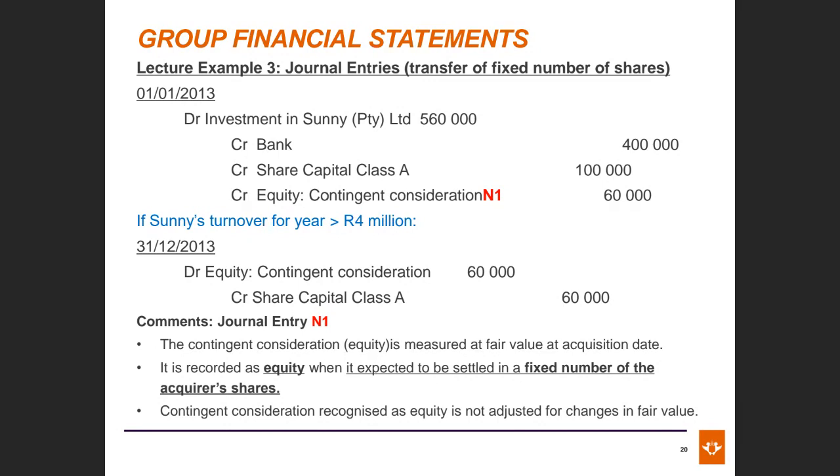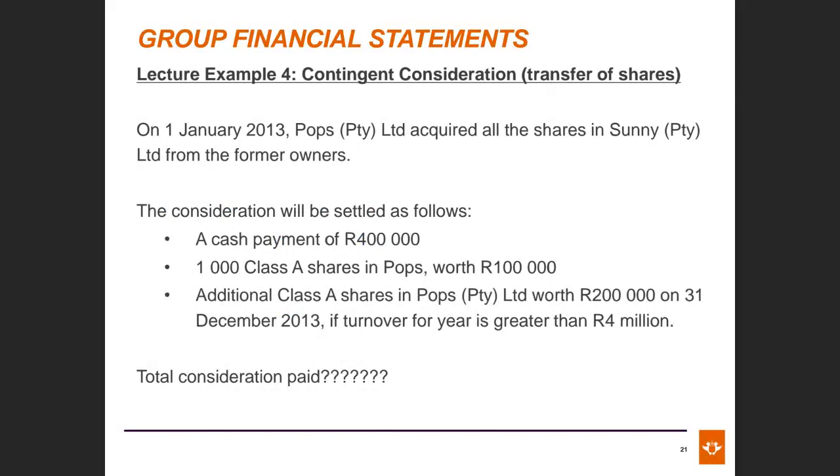Now we need to look at a slightly different situation, okay? So if we have a look at the next slide, in this situation, Pop acquired all the shares in Sunny. The acquisition date is still the 1st of January 2013.